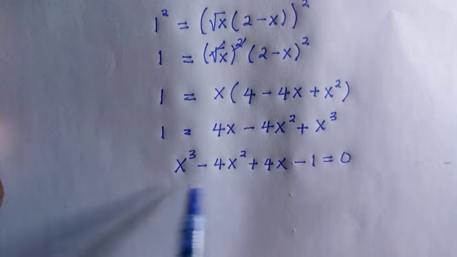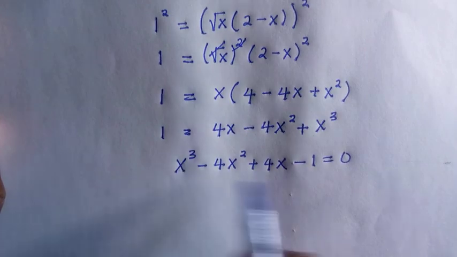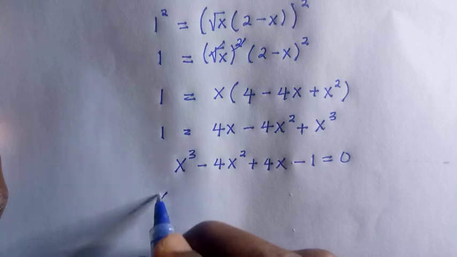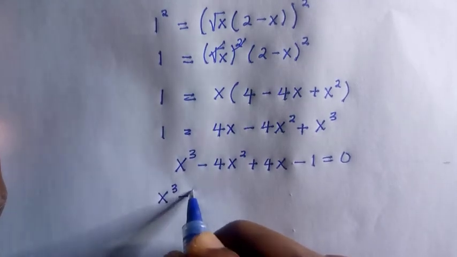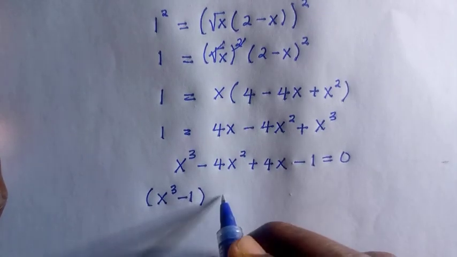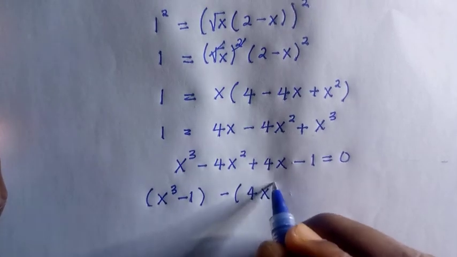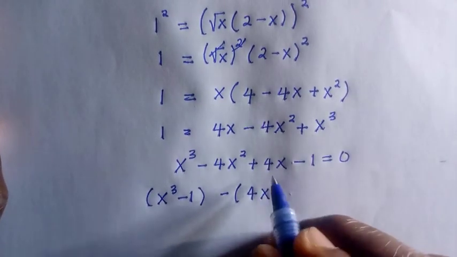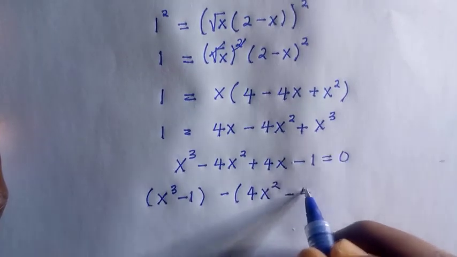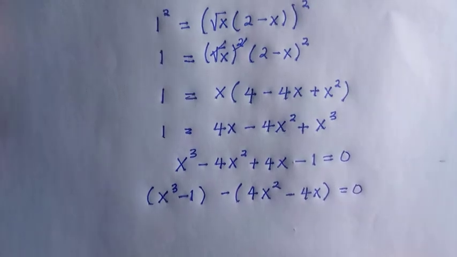To obtain all the solutions, let's combine x cubed with minus 1, as x cubed minus 1 in parentheses, and we combine the other two terms together, which is minus 4x squared plus 4x. When we take out the minus, the plus becomes minus 4x equals 0.